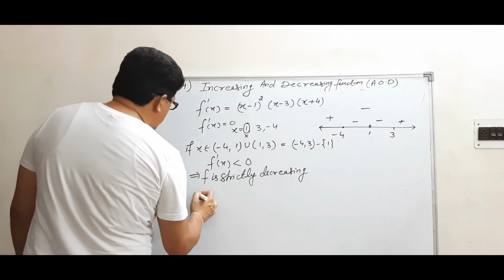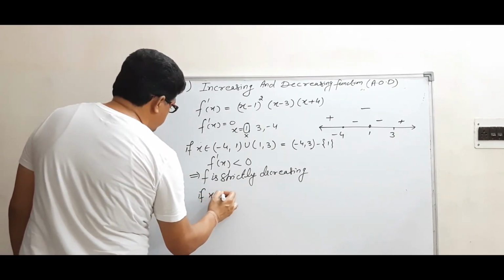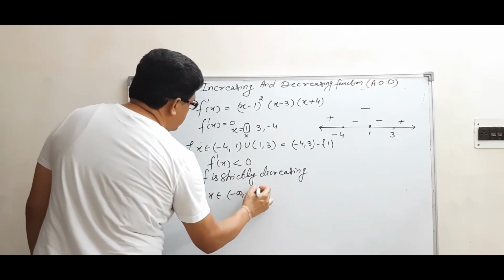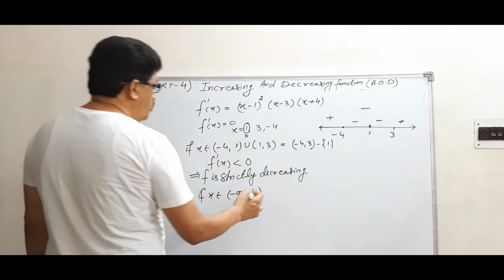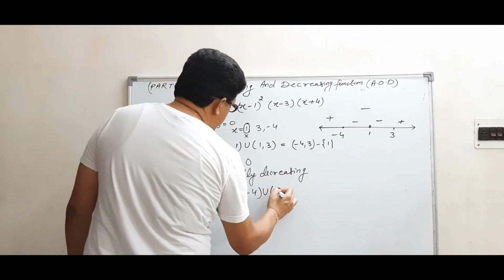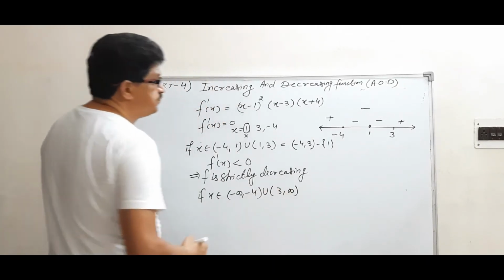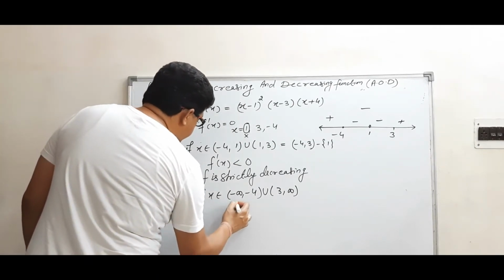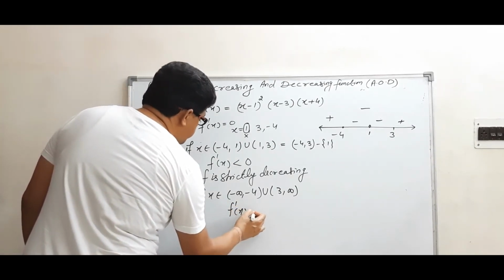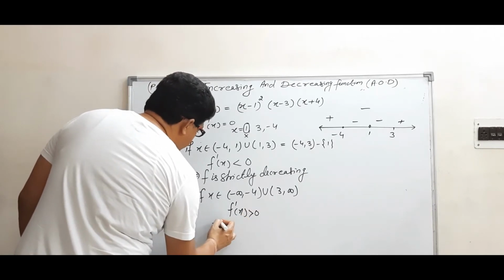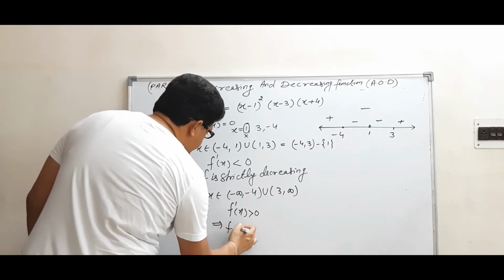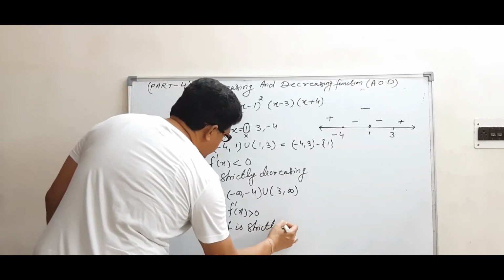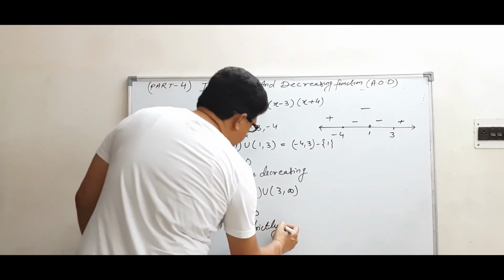If x belongs to -infinity to -4 union 3 to infinity, f dash x is positive, it means f is strictly increasing.